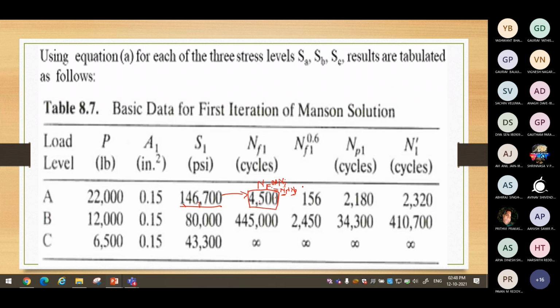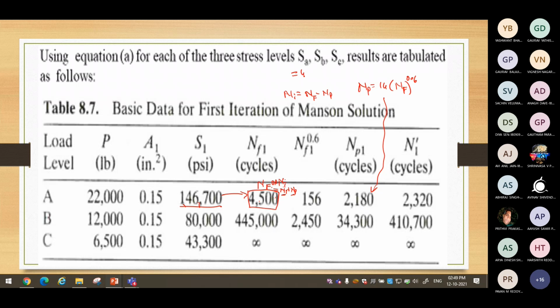We have a formula by Manson: NP is 14 into total cycles to the power 0.6 for a steel material. This will give you NP, the cycles for crack propagation. If you want the initiation life, it is nothing but total life minus NP.